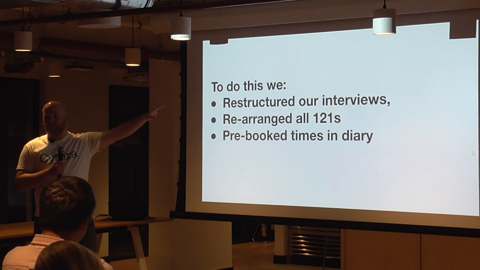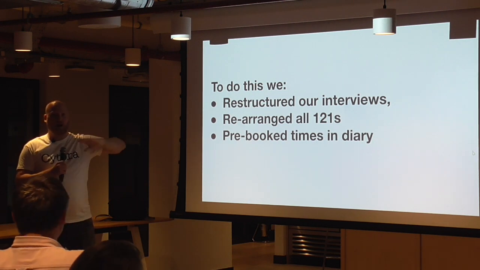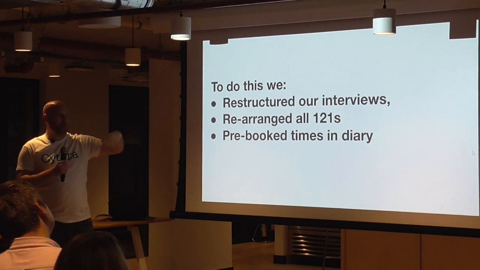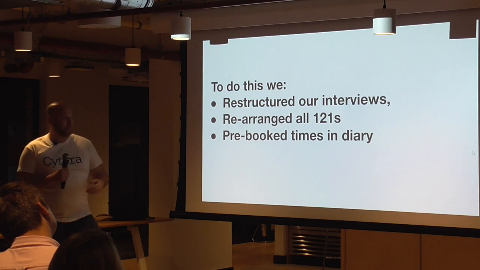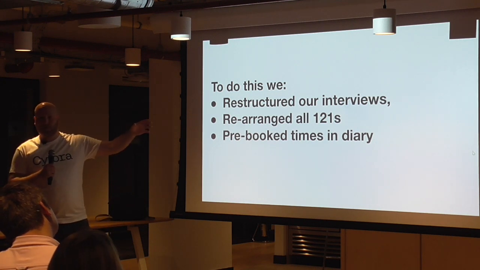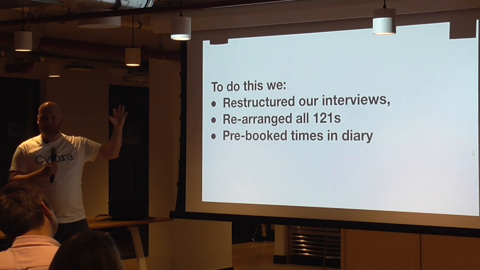We've rearranged it also. He doesn't necessarily need to take part in the junior interviews at all. So very much like persuaded him that you've hired good people, trust them to make decisions. Again, classic scaling issues. We've rearranged all the one-to-ones. They were spread out really nicely and evenly. That's a complete nightmare because it meant there were no solid gaps in the diary where we could book interviews.